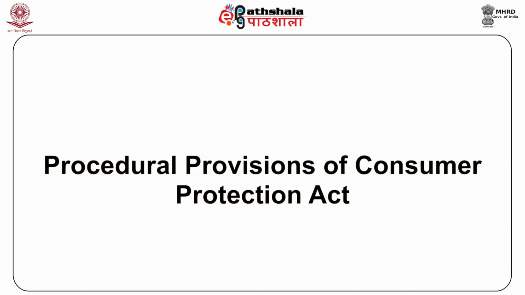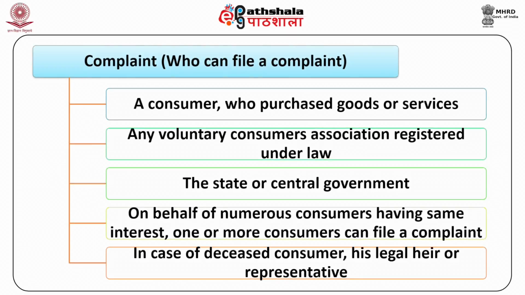The procedural provisions under the Consumer Protection Act: 1. The complainant, the person who can file a complaint, is defined in section 12 of this Act as a consumer who purchased a good or service, any voluntary consumer association registered under the law, the state or the central government.